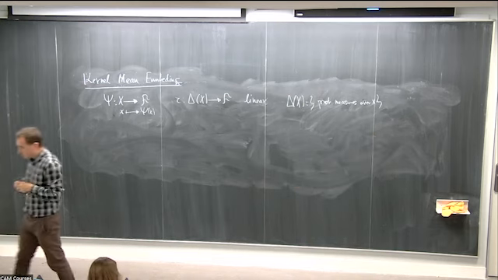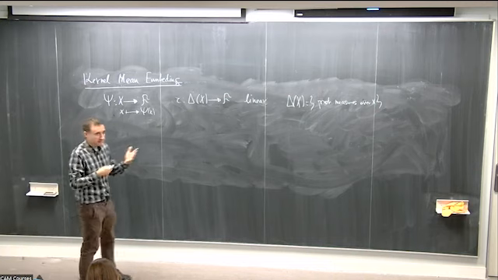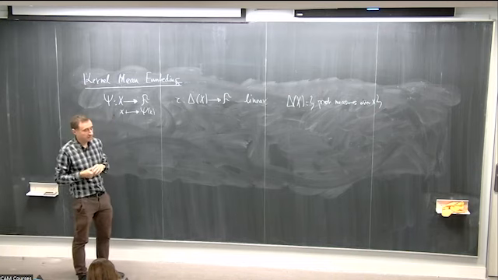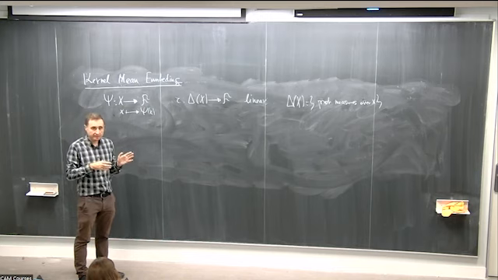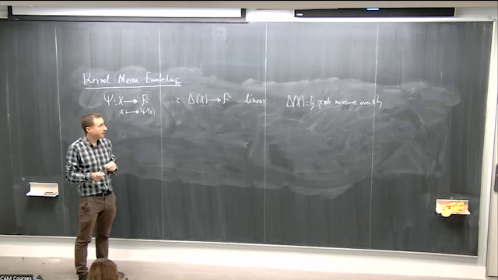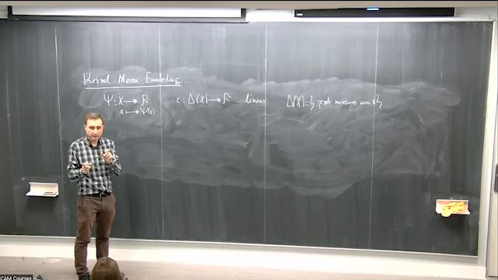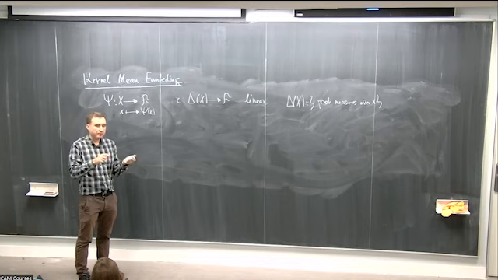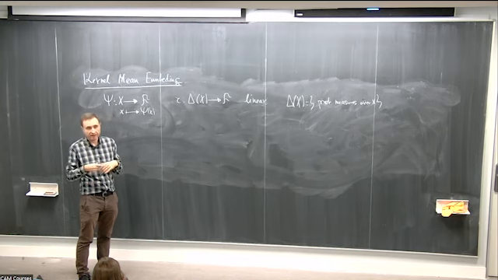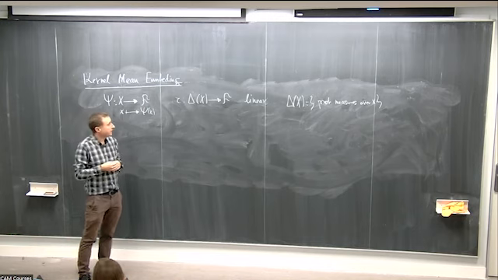Probability distributions always have a linear structure, or more than linear, an affine structure, in the sense that we can always combine probability distributions by doing a convex combination. If you give me two probability distributions, I can create the distribution that is a mixture of the two with a weight of 1/2, or I can use any other combination.